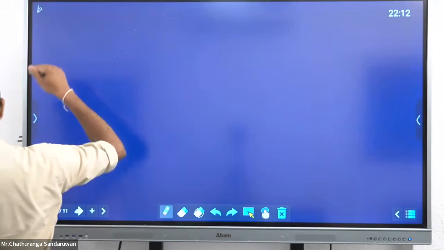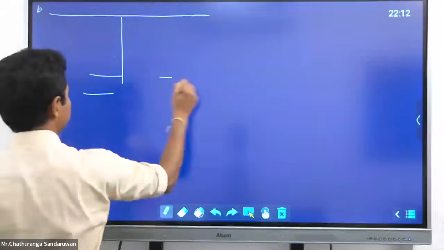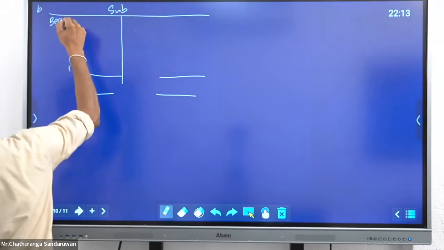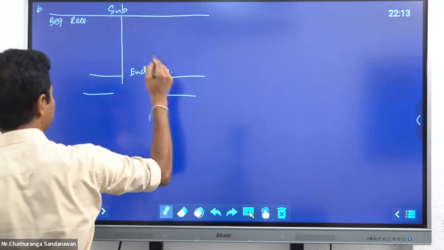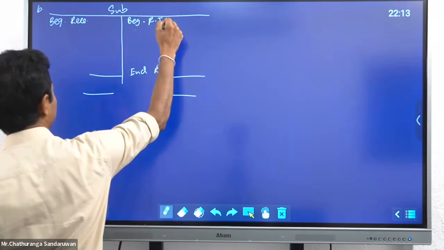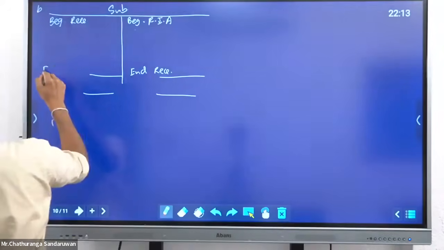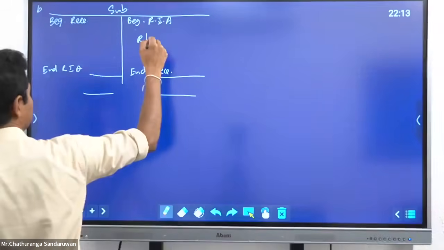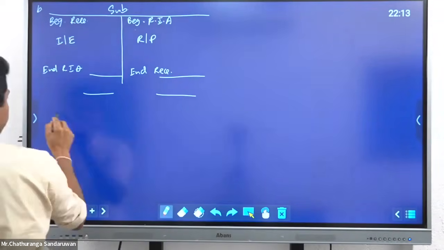So we need to have the subscription account: beginning receivable balance, ending receivable balance, beginning received in advance balance, ending received in advance balance, receipt and payment account, income and expenditure account.